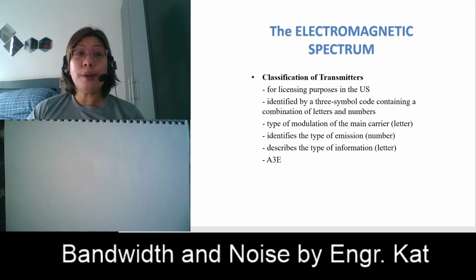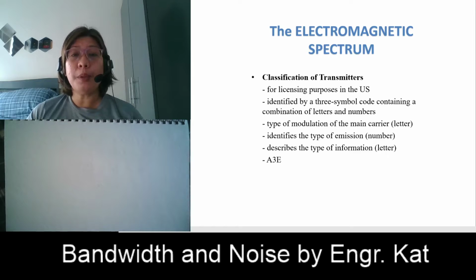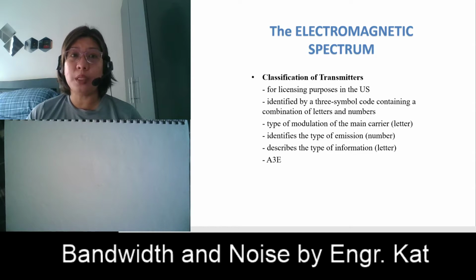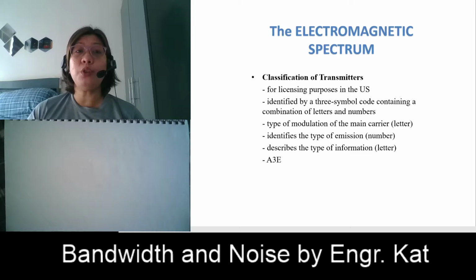Okay, so they are being identified by a three-symbol code containing a combination of letters and numbers. Okay, so what are those codes? First is what are the types of modulation of the main carrier? So is it amplitude modulation? Is it frequency modulation? Is it phase modulation, or even digital broadcasting?